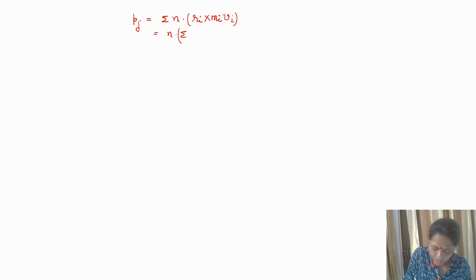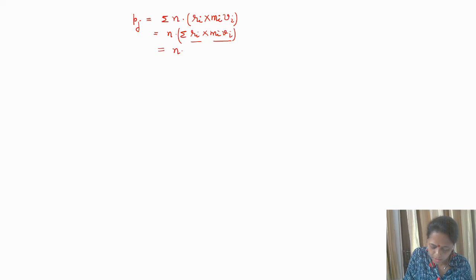So now we are having Pj is equal to summation n dot Ri cross mi Vi. I may put this summation here. It is summation Ri cross mi Vi. As I told you, this is the momentum, and because it is having a cross product with Ri, it is the angular momentum, moment of momentum. So it is the sum of all such angular momentums.